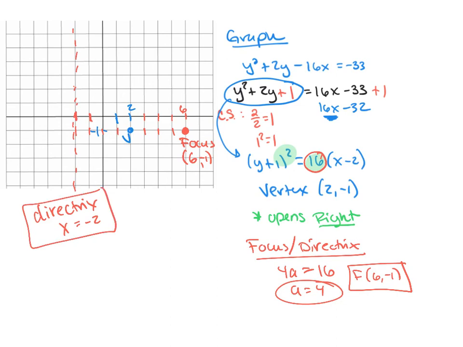And then finally, to get a really accurate picture, we're going to take A, multiply it by 2 to get 8. And this is going to tell us on either side of the focus how far to travel. So 1, 2, 3, 4, 5, 6, 7, 8. Just barely made it on there.